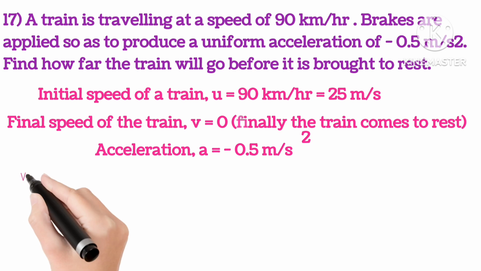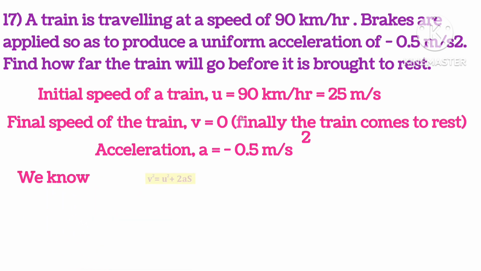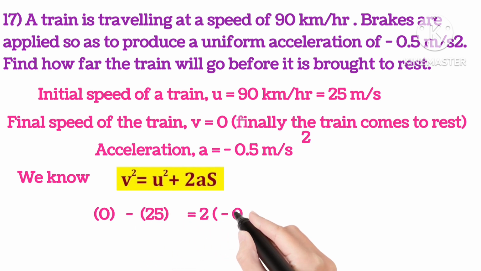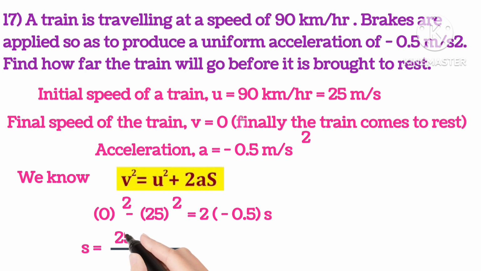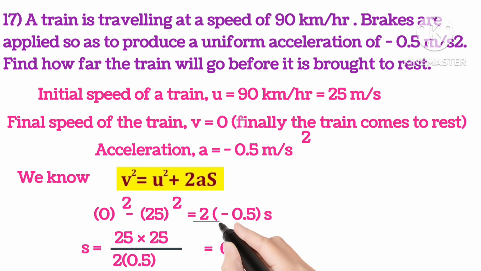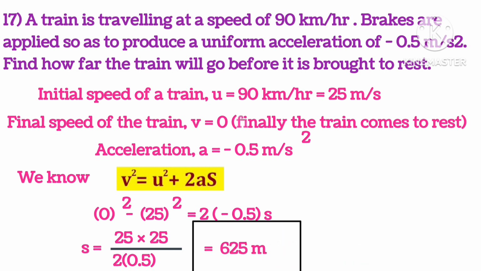Acceleration is minus 0.5 meter per second square. So now we know that v square = u square + 2as. Putting all the values in the formula, we get s equal to 25 into 25 upon 2 into 0.5, that is 625 meters. This is our answer.